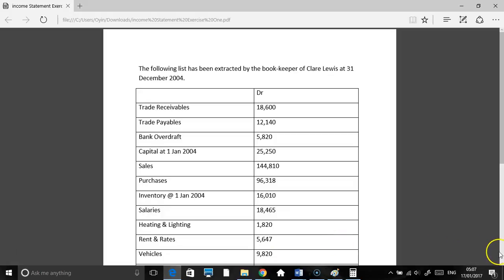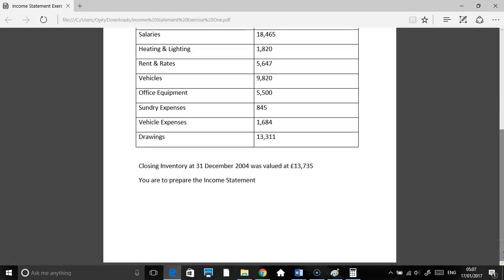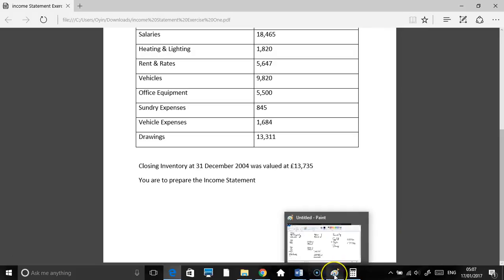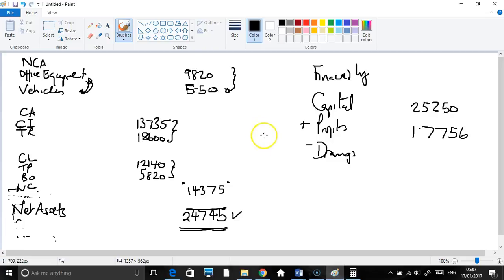And our drawings is given to us at the bottom. 13,311. Take away 13,311. And let's now do that on the calculator.